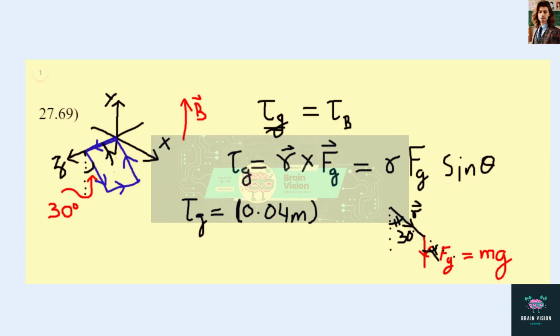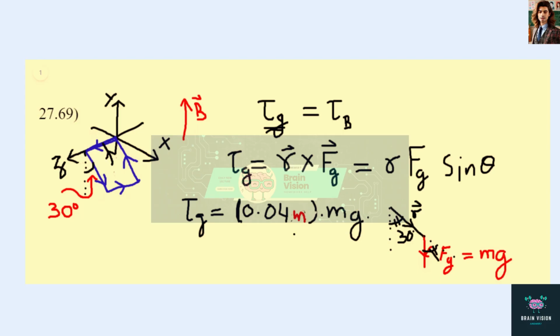So the torque due to gravity is 0.04 meters times the force due to gravity, that's mg, times sine of theta. This m and this m are different. Let me use a different color to denote that this one is meters. This is not mass.